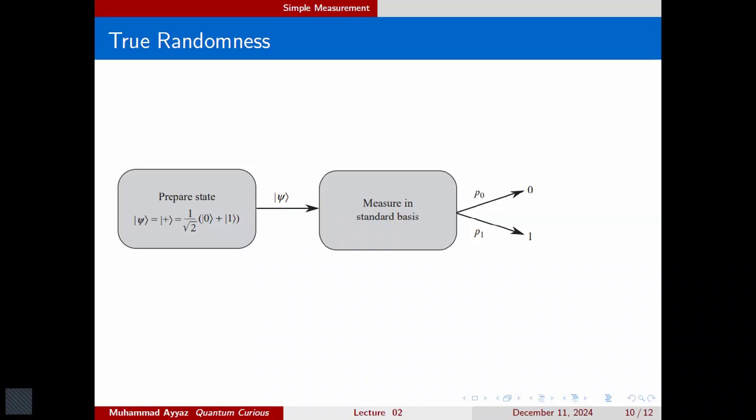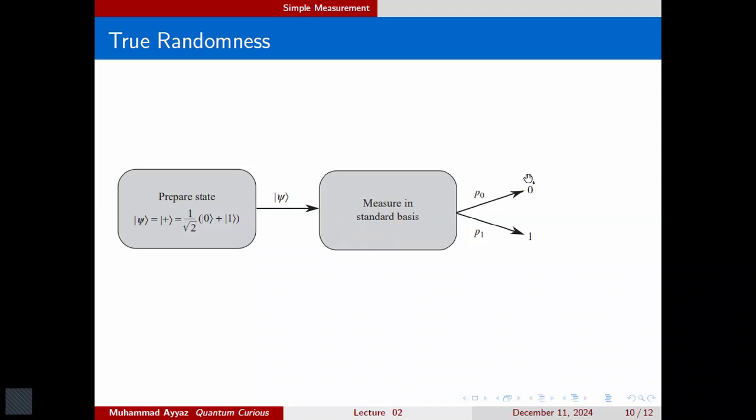So there is a very nice way to use the concept of measurement to get true randomness from some kind of physical process. We deterministically prepare a state as a superposition of 0 and 1, and we apply the measurement in the standard basis, and we get random bits of 0 and 1.